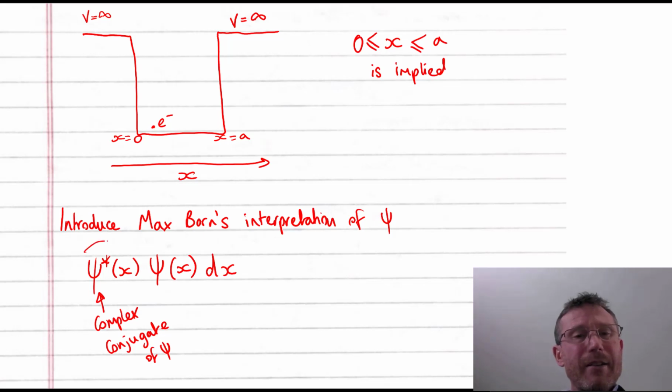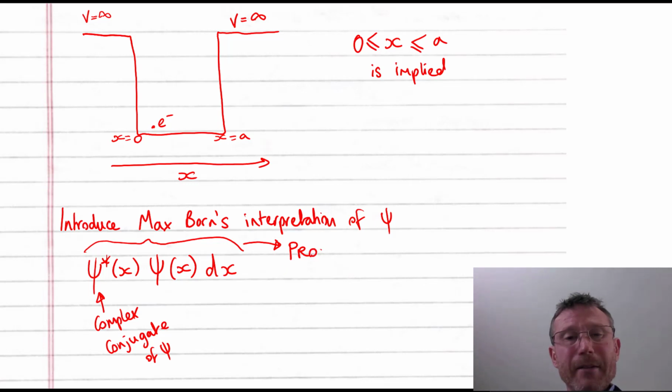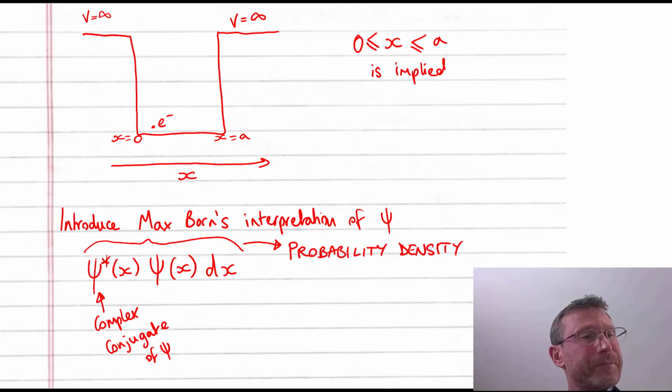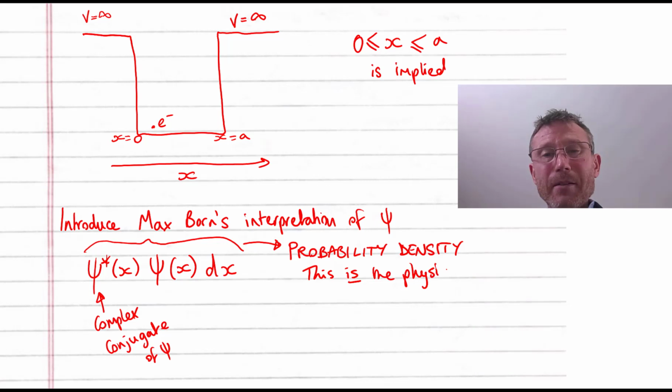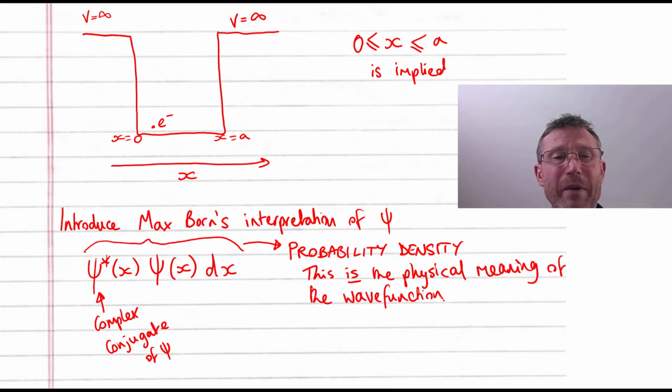This entire piece in here, this is what we call the probability density. And it is the physical meaning of the wave function. So with that in mind, why did I bring this up at this point?